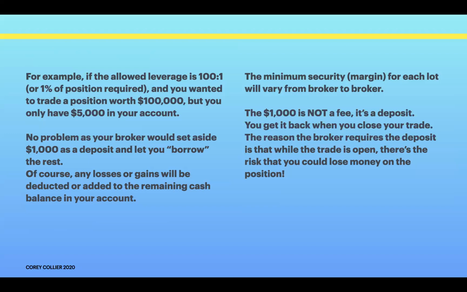And of course, any losses or gains will be deducted or added to the remaining cash balance in your account. The minimum security or margin for each lot will vary from broker to broker, guys. And again, that $1,000, guys, it's not a fee. It's your deposit. You get that back when you close your trade. The reason the broker requires a deposit is that while the trade is open, there's risk that you could lose money on that position. All righty.